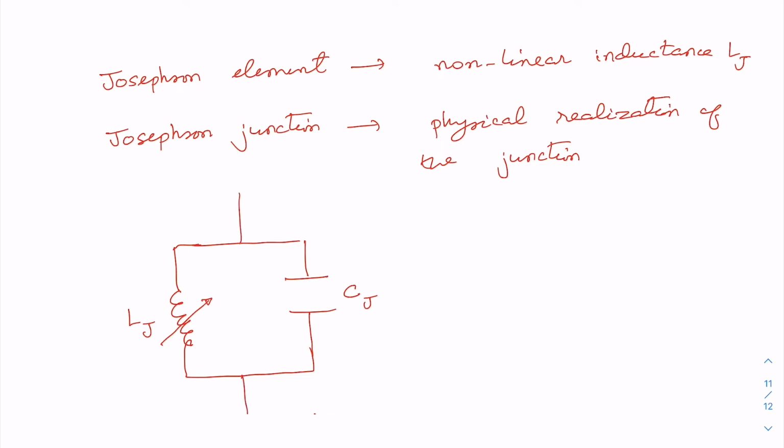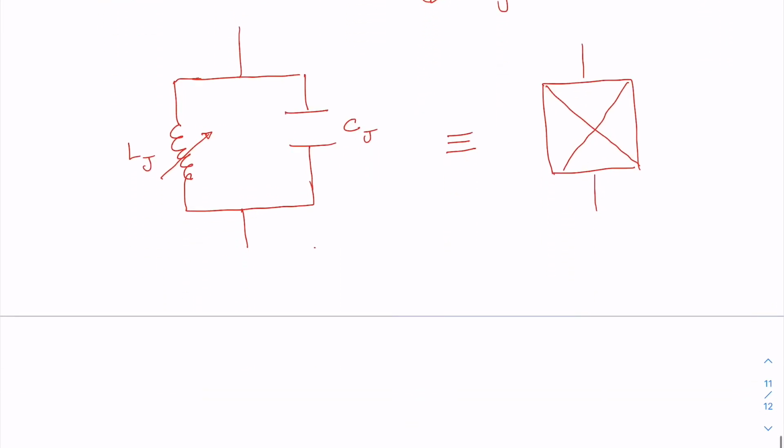But actually symbolically it is represented in a simpler form, and this is denoted in literature simply by this cross. This cross actually refers to the nonlinear inductance or the Josephson element.